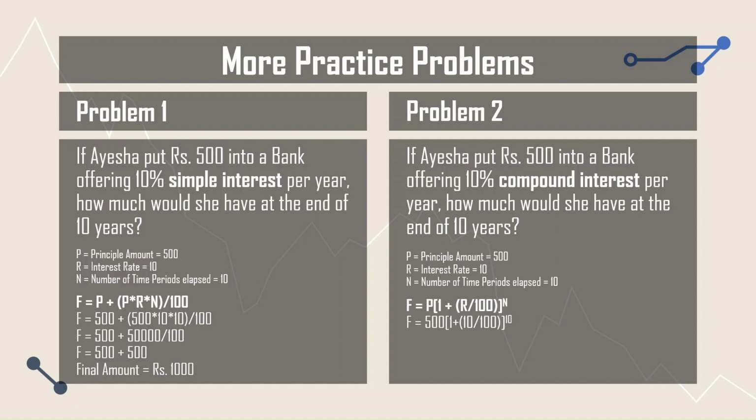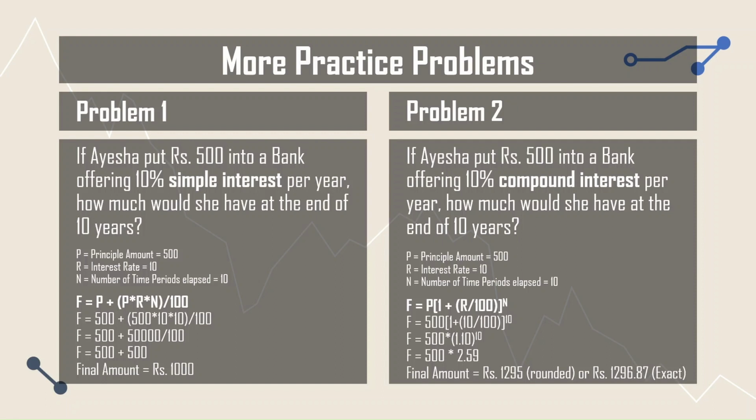On the other hand, if Aisha uses compound interest, it's 500 times 1 plus 10 divided by 100, to the power of 10, which is 500 times 1.1 to the power of 10, which is 500 times 2.59.